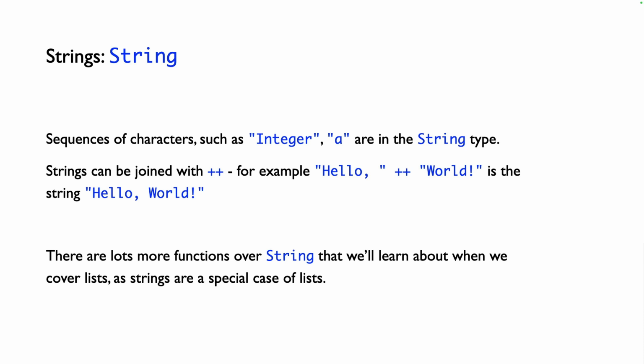Now, in fact, there are loads of functions over strings because strings are just a special case of lists, and there are loads of useful functions over lists. So I'm not going to talk any more about that. I think all we need for the moment is a mechanism for joining two strings together. If we want to do complicated string manipulations, we'll do that once we've learnt about lists.